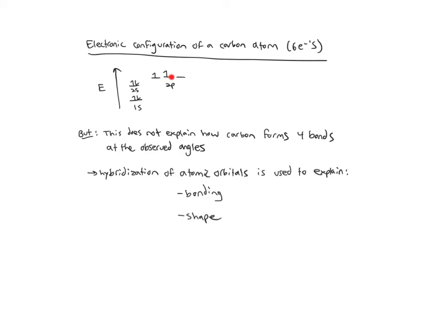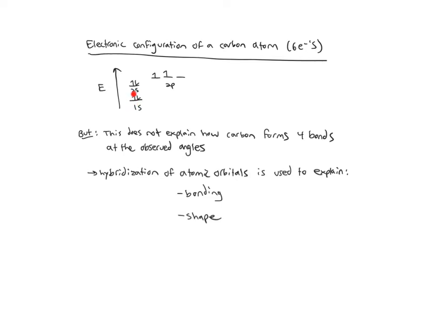So these 2p orbitals here are going to be the X, Y, and Z orbitals that we saw in a few videos ago. So that's going to be at that second energy level. So we call it the 2p, but there are 3 of those orbitals, all degenerate, which means they're all the same energy. So what we have with this electron configuration of the carbon atom is that we have these 6 electrons distributed in the lowest energy orbitals that are possible.